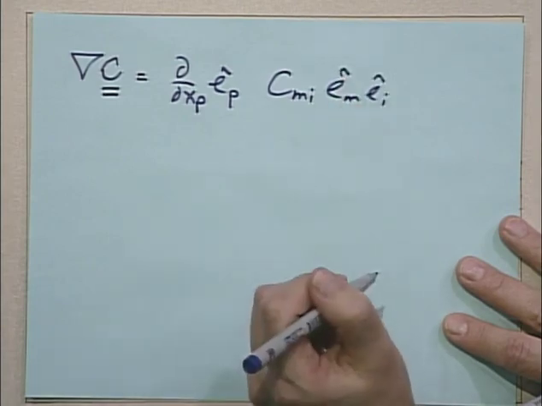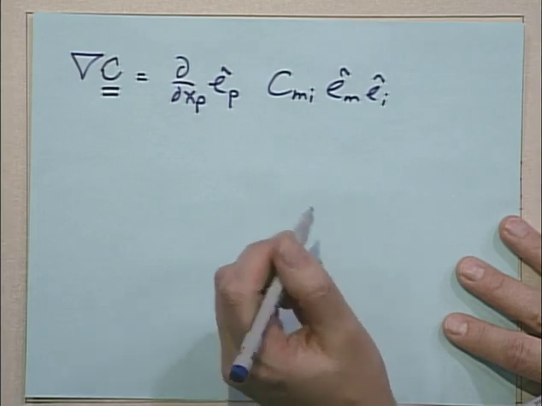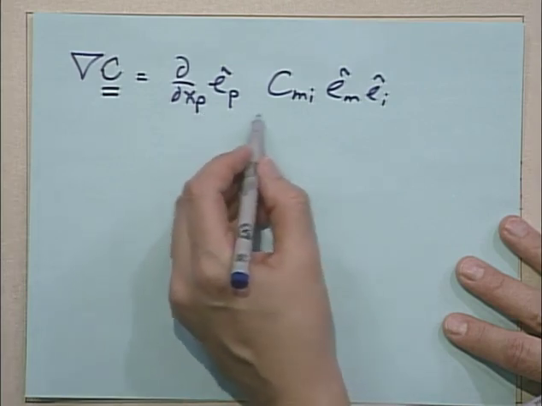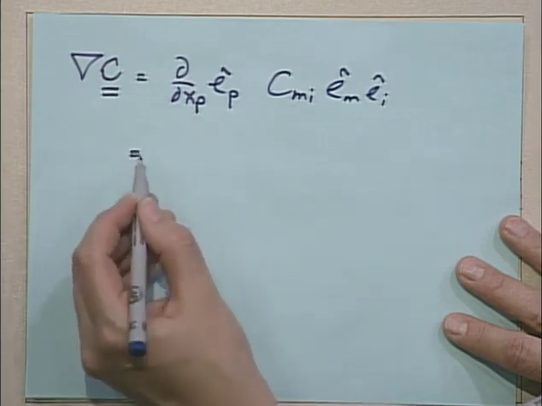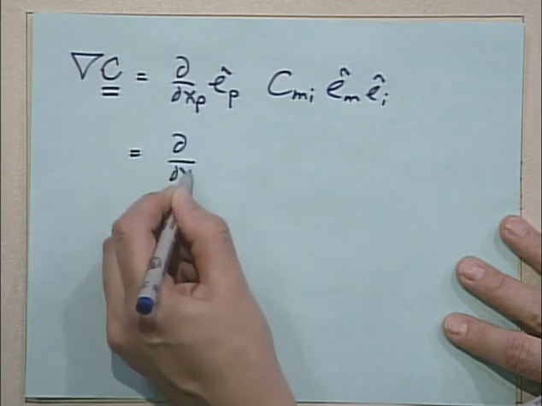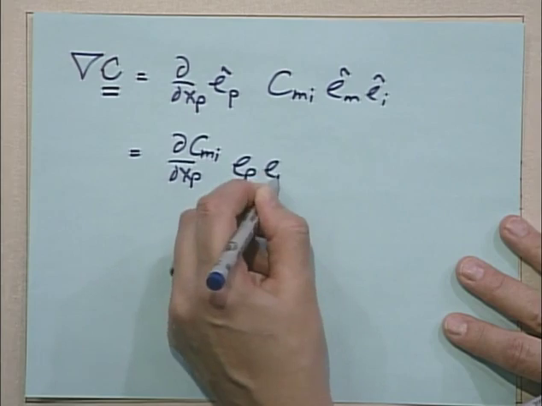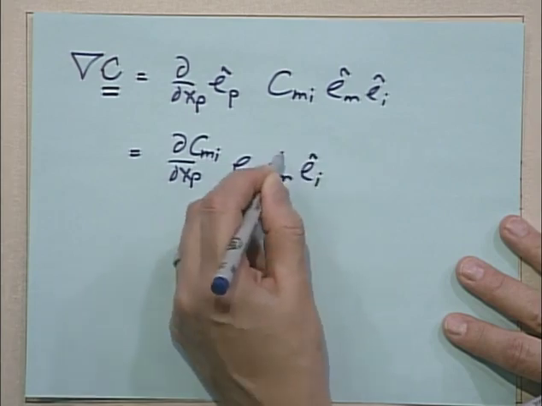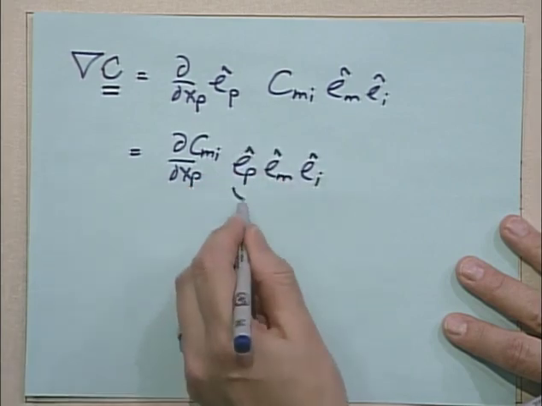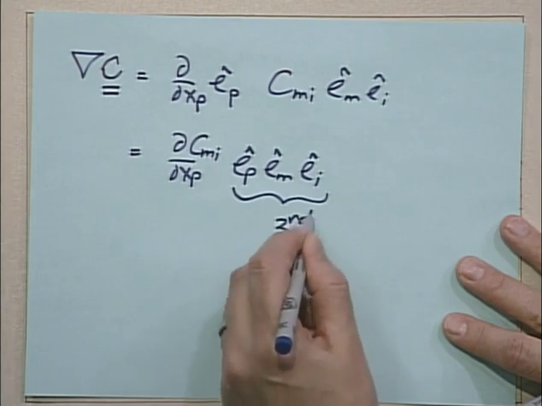There are no dots to carry out, but this operator acts on the C, so this is d by dxp of CMI, EP, EM, EI. This is a third order tensor.